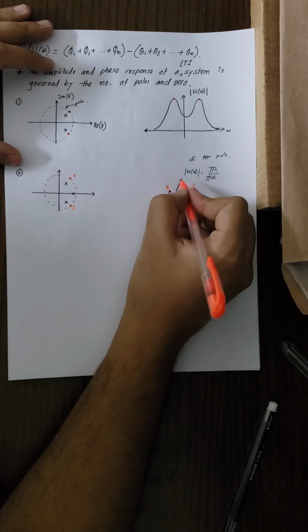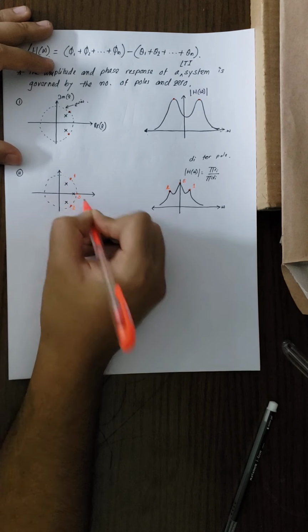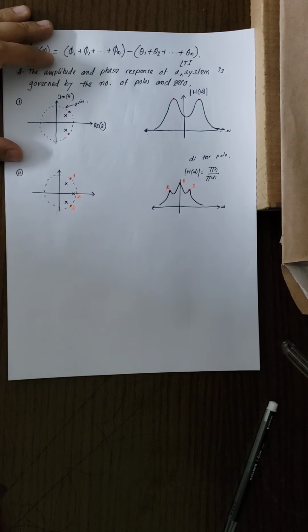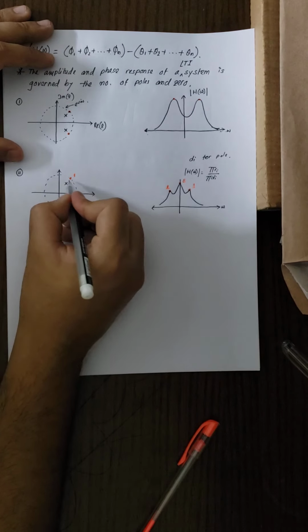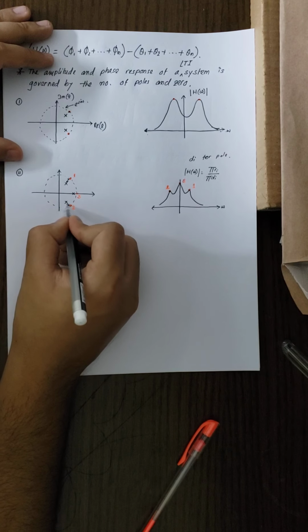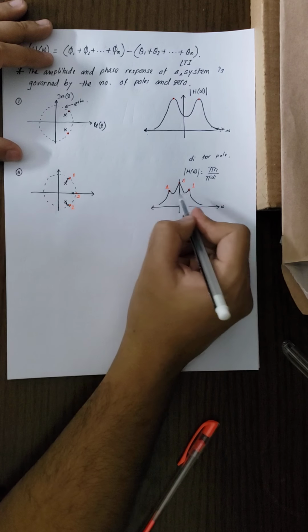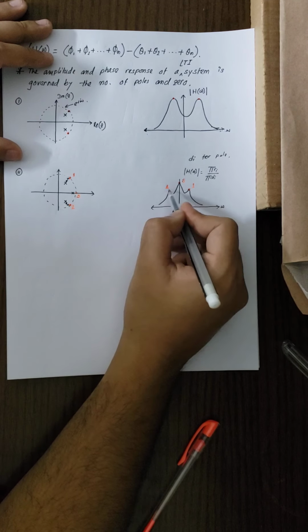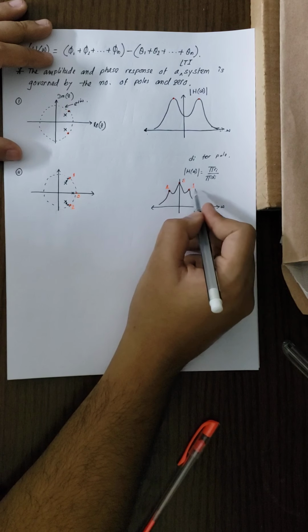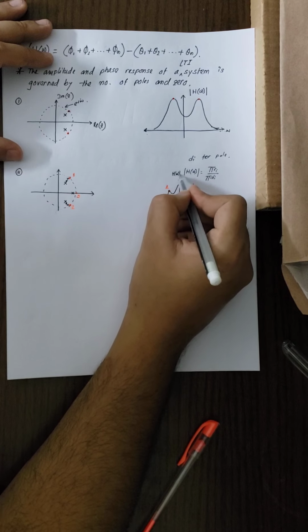So the third point that is found over here, point 3, comes from over here. And if you compare this distance and this distance, these two are almost identical, and for that reason the peaks occur at an identical height. This of course is the magnitude of H of omega.